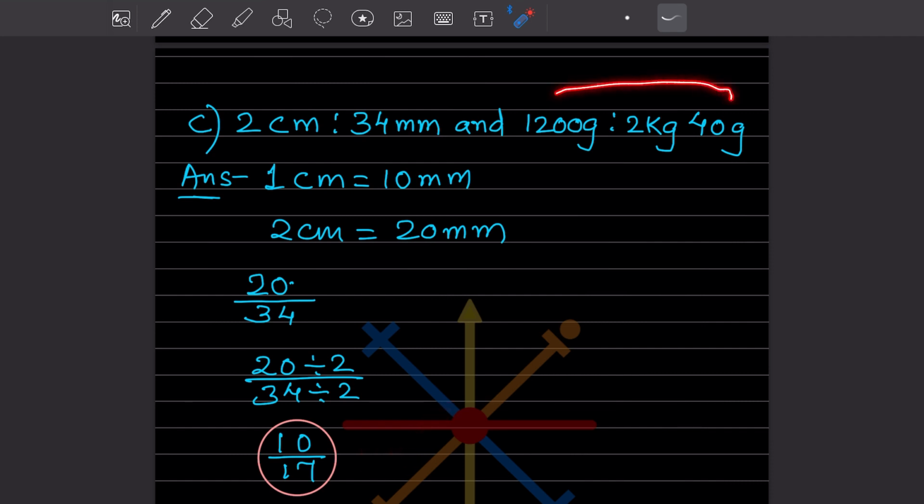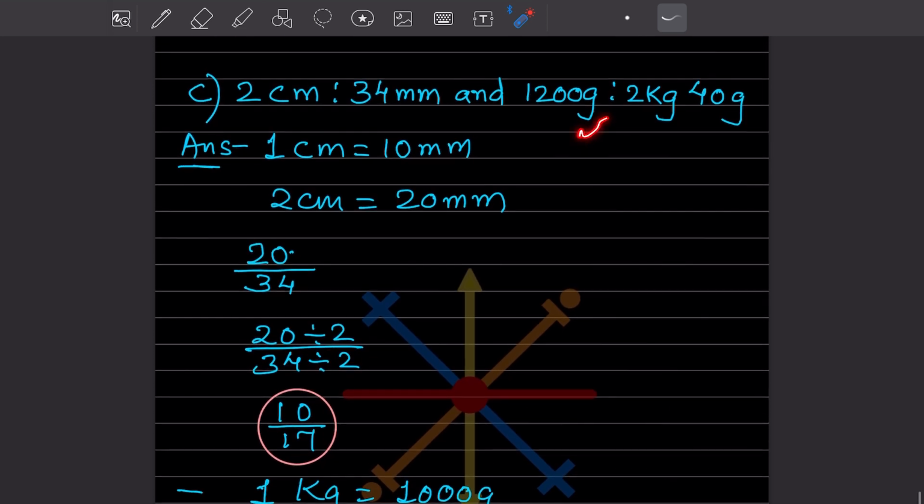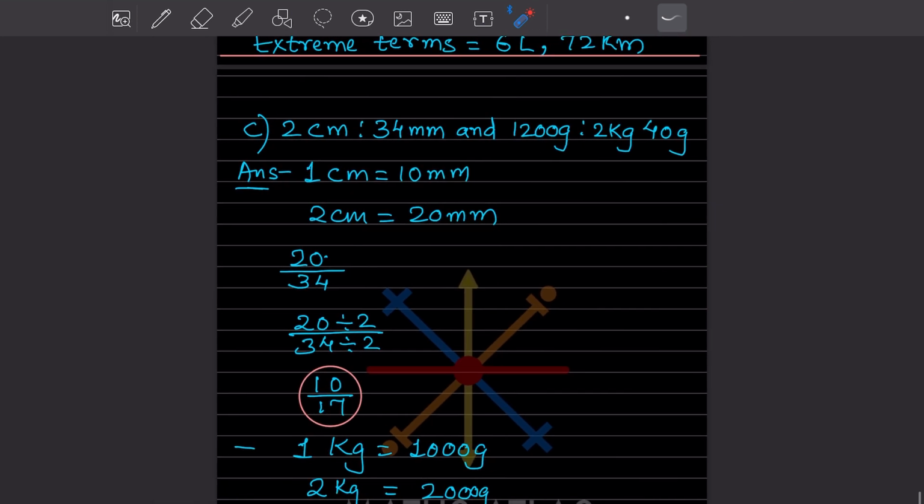Now let us think about this one. Again here, we can see this is gram and this is kilogram and gram. So we can convert the kilogram to gram first, so it will be easier. Now 1 kilogram is 1000 gram. We want 2 kilogram, so 2 kilogram is 2000 gram.